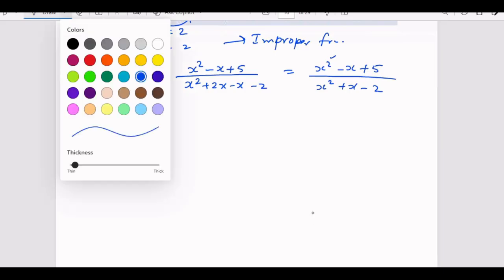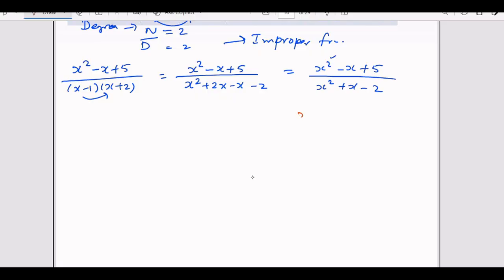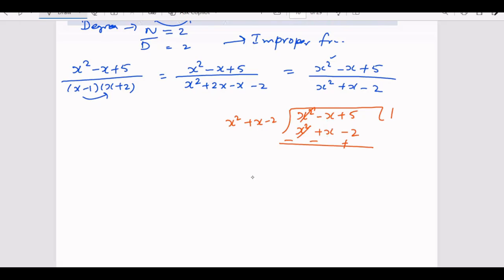Let me do it on the side here. We have x squared minus x plus 5, and we are dividing it by x squared plus x minus 2. When you divide, we get 1 here. Multiply by x squared plus x minus 2, and now we subtract, changing the sign of the lower equation. This and this cancel.